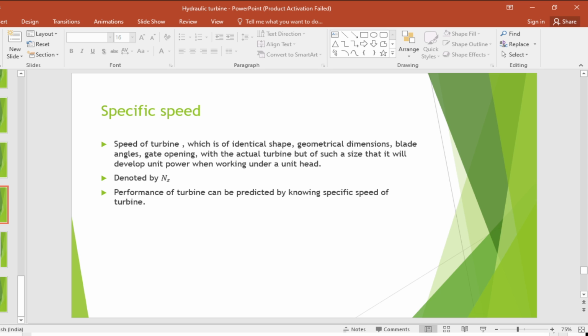Now, in MKS units, unit of power is taken as 1 horsepower and unit head is taken as 1 meter. Okay, as I have explained, unit head is nothing but the height of 1 meter. Okay, now the derivation of specific speed.